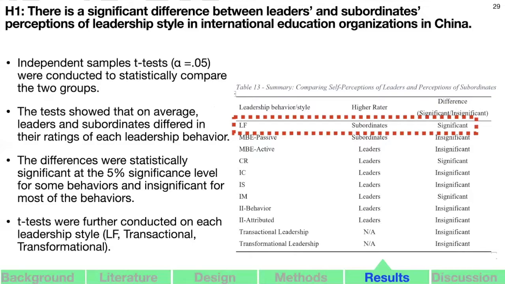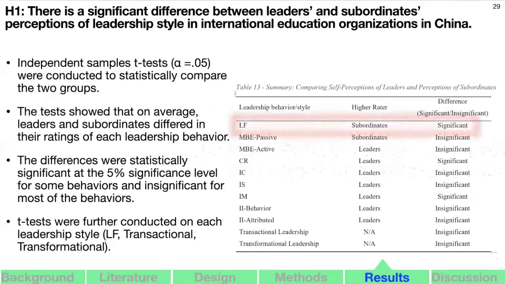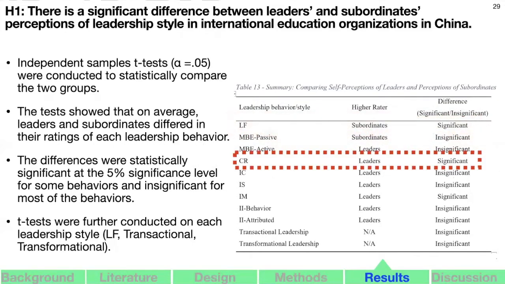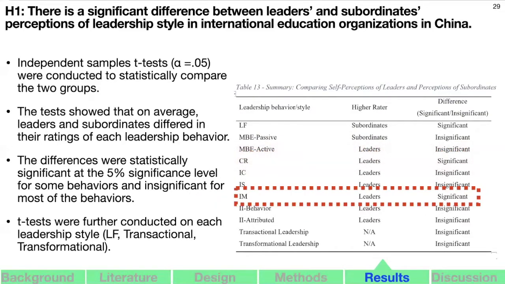Additionally, contingent reward was also significant, with leaders rating highest for contingent reward. And lastly, inspirational motivation was highly significant, with leaders rating higher.